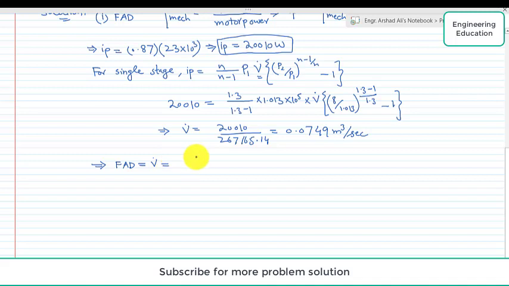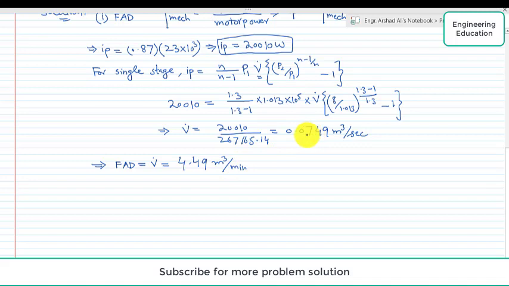In cubic meter per minute, the value of free air delivery will be 4.49 cubic meter per minute.